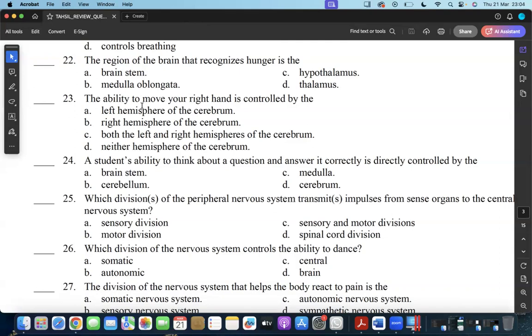Most of the activity you do with your right side of the body is controlled by the left hemisphere of the cerebrum, and most of the activity you do on the left side of your body, like writing with your left hand, is controlled by the right hemisphere of the cerebrum. So the ability to move your right hand is controlled by the left hemisphere of the cerebrum. The answer to question number 23 is A.